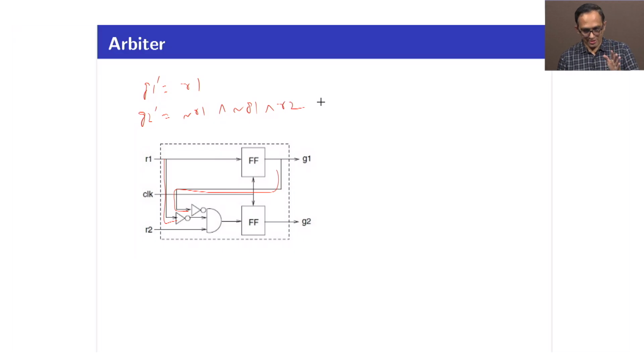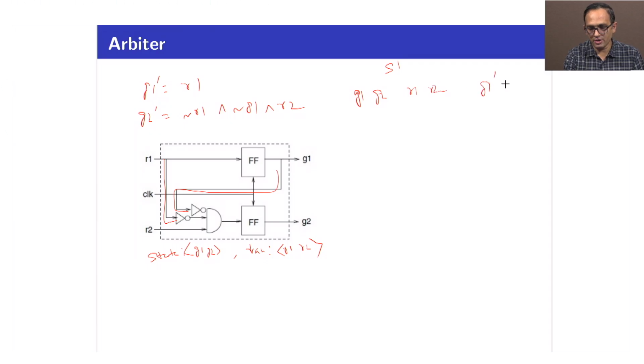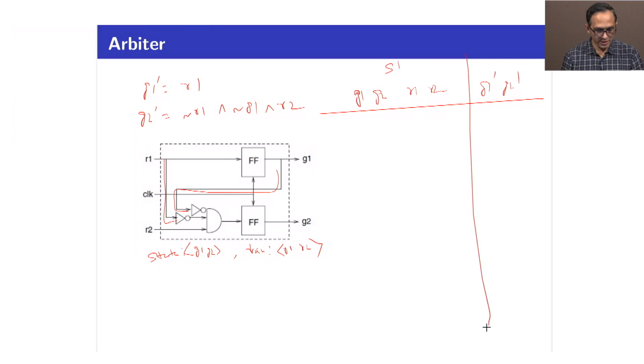So, I mentioned that my state variables are G1, G2, and then the inputs are R1 and R2, right. So, what will happen? You have G1, G2, R1, R2, and then you will say what will be my next state, G1 dash, G2 dash. So, this table we have to construct, right.